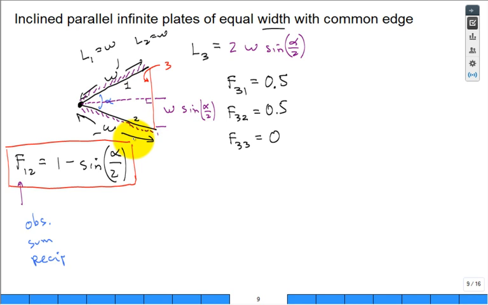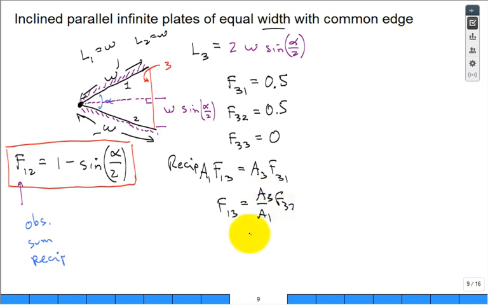Very good. Now, once I know that one, from reciprocity, what is the view factor from 1 to 3? Isn't that A1 F1 to 3 equal to A3 F3 back to 1? Yeah. And so the view factor 1 to 3 is the area 3 divided by area 1 times the view factor 3 back to 1.